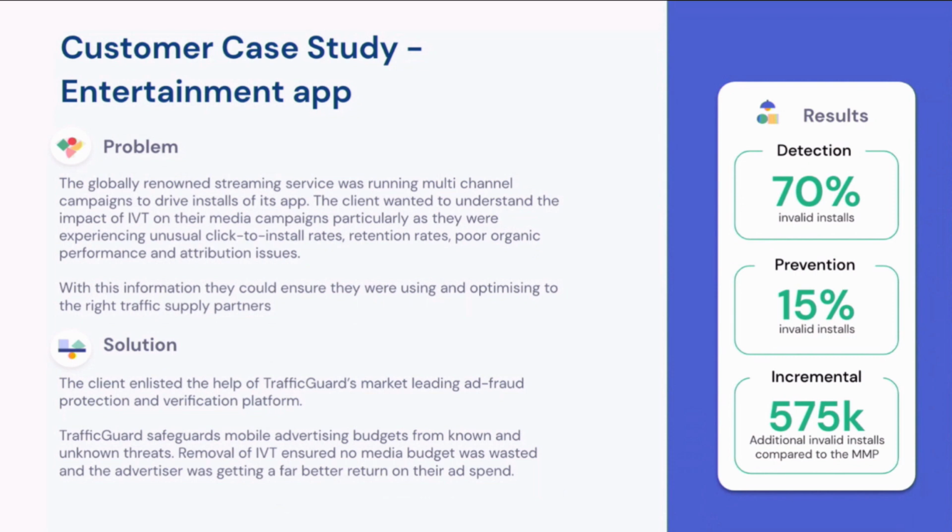So they were paying partners when they shouldn't have been. And that's what we found in testing. And then once we moved into prevention, we've got this all the way down to only 15%. And they were able to drive an additional 600,000 installs from the exact same budget.